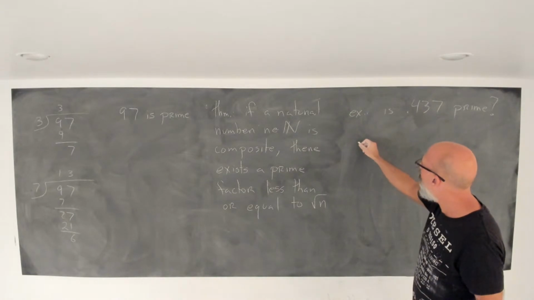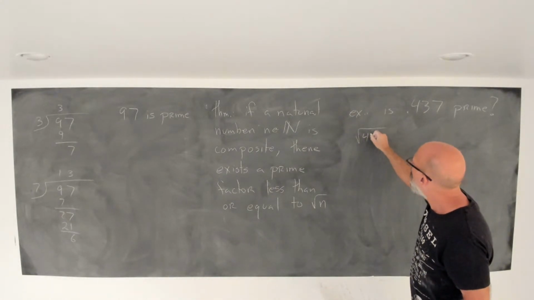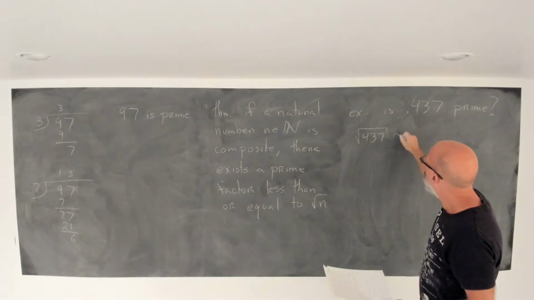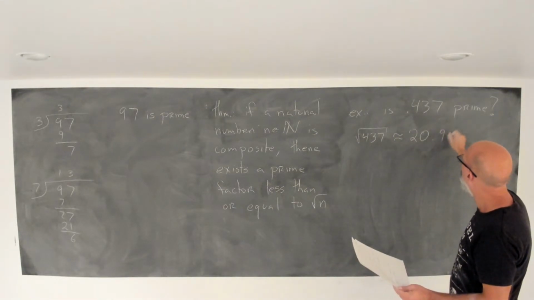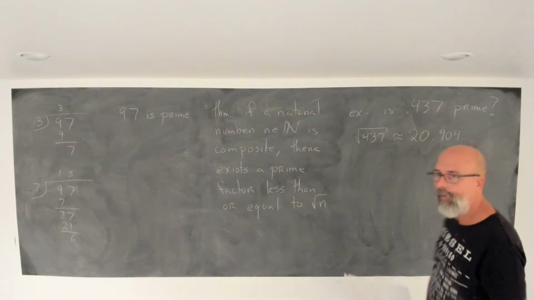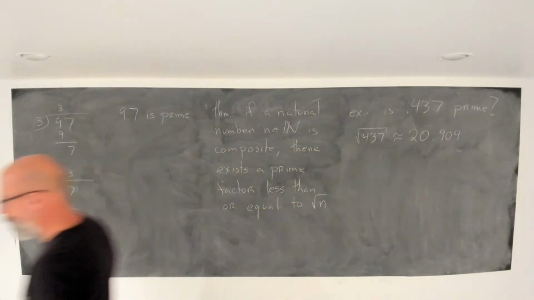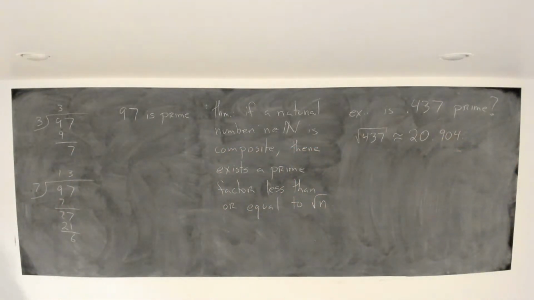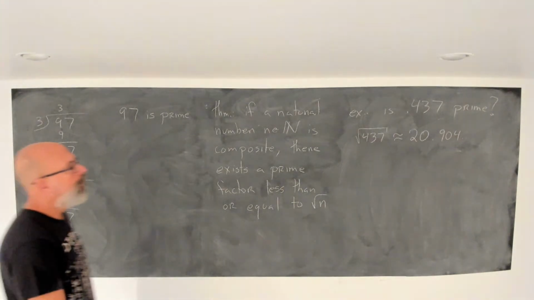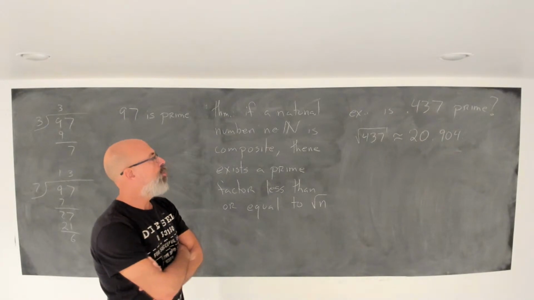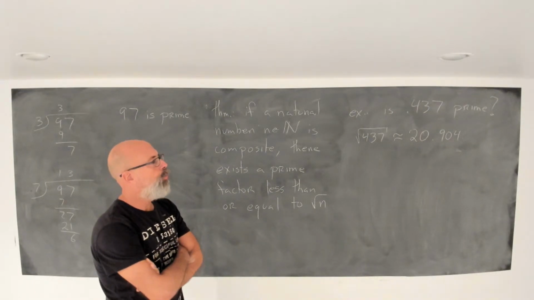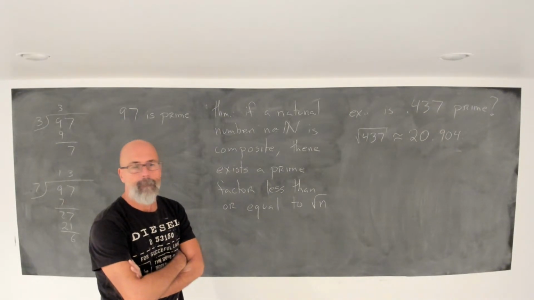If you had a calculator, you can check that the square root of 437 is 20 point something something.